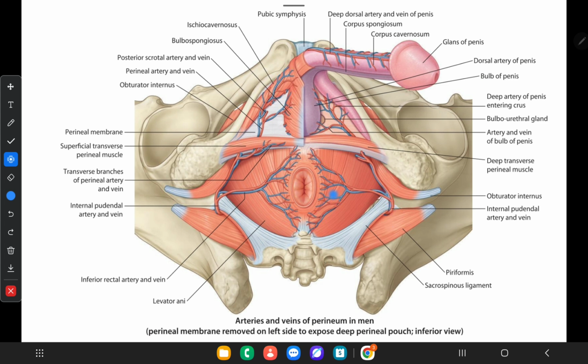And the branches come from the internal pudendal artery like this. And then these are the transverse branches of the perineal artery and vein. And the most important one is the deep dorsal artery and vein of the penis.